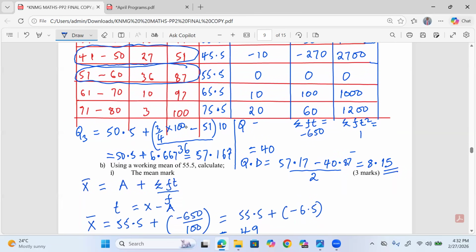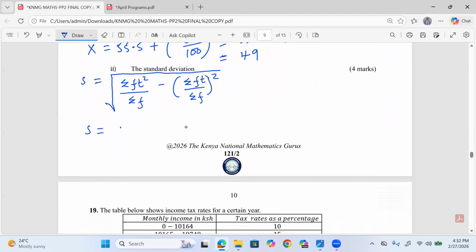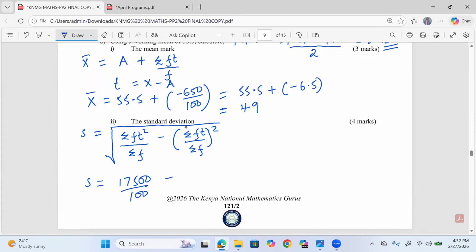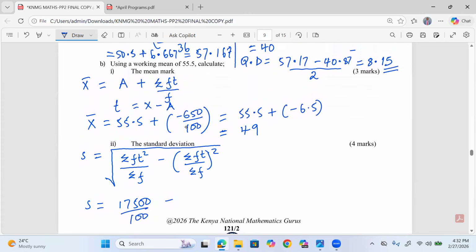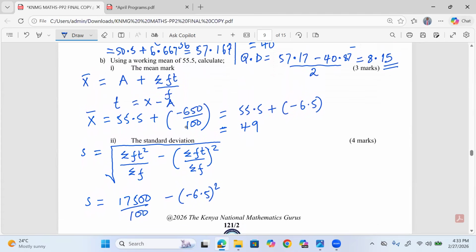17,500. I hope I've not made any errors. So 17,500 out of 100 minus, we had already worked out this part where we got negative 6.5 and we are supposed now to square it. This part we have already worked out here.